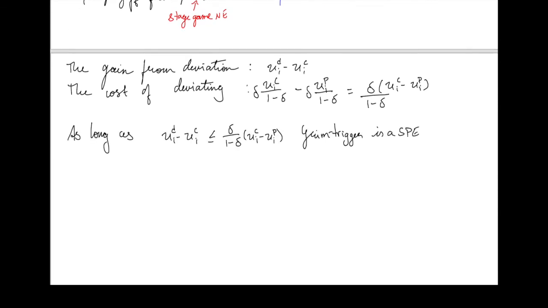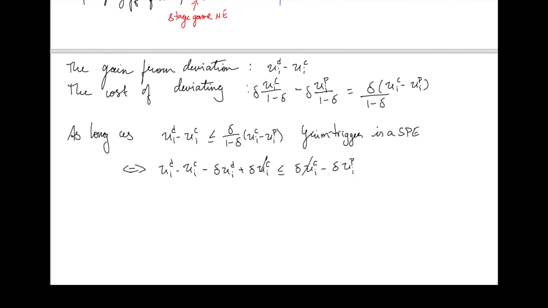So as long as the gain from deviating is no greater than the cost of deviating, you won't deviate, so Grim Trigger would form a subgame perfect equilibrium. If you solve for a condition on delta, I'll walk you through the math. u_i(D) minus u_i(C), so we'll cross multiply by 1 minus delta: u_i(D) plus delta u_i(C) less than or equal to delta u_i(C) minus delta u_i(P).